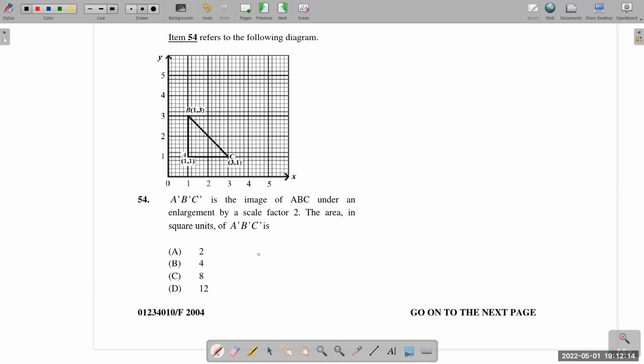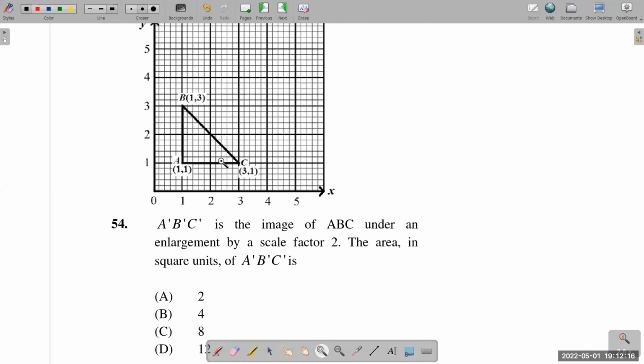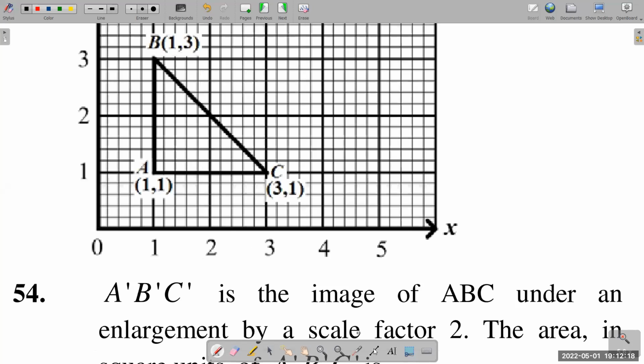Half base times height. So let's scroll in here so you could see. Everybody see what I'm doing? Let me highlight it. Half base times height. How many boxes is the base? 2, right? So it's going to be half of 2 times height, which is also 2. And 2 times 2 is 4. So the area of this shape is 2.